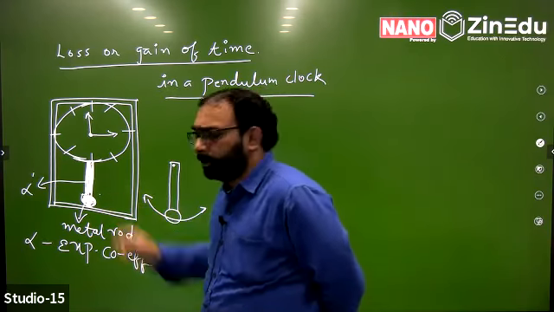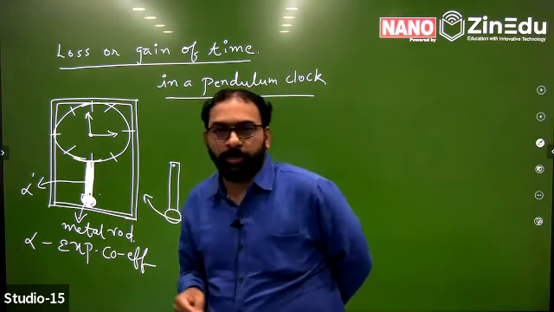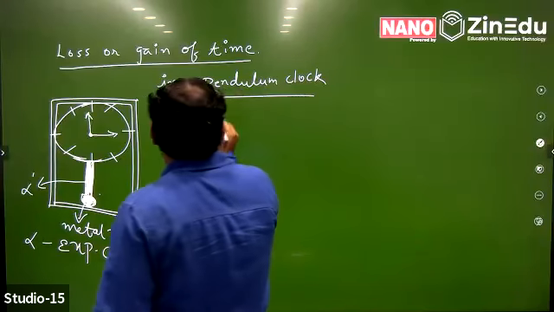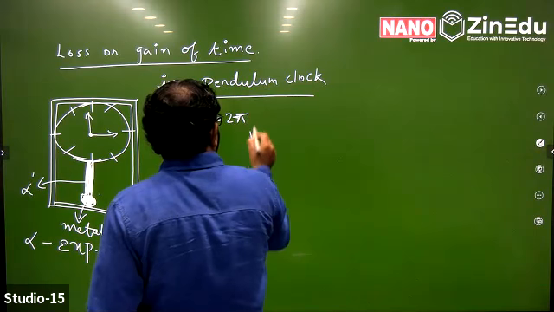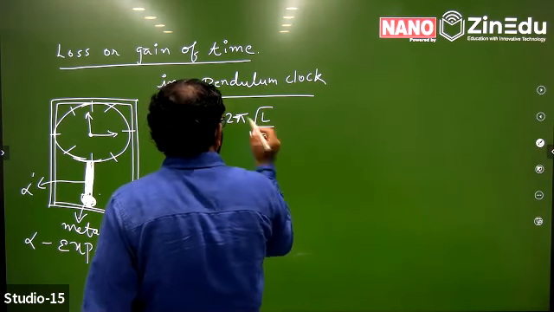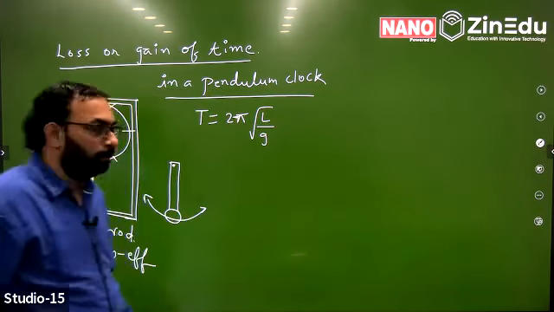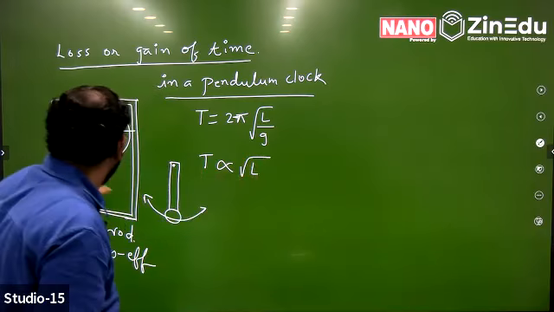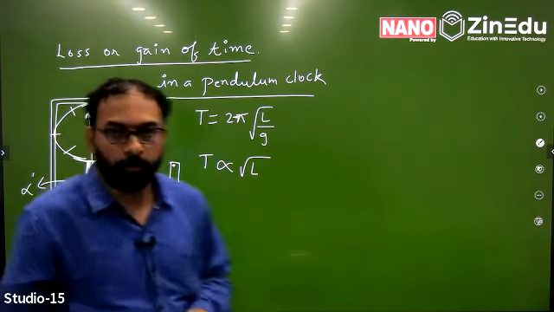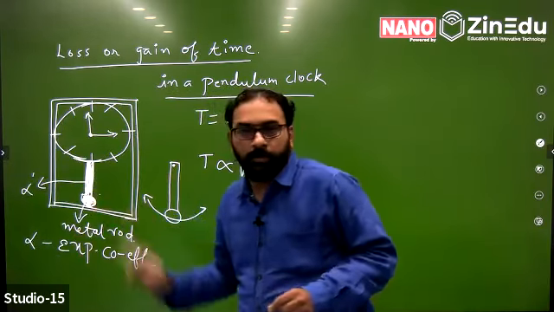The first point is, the time period of the pendulum is 2 pi under root of L by g, and the time period is proportional to the square root of length. This is the key point. The time period of this pendulum clock depends upon the length of the rod.